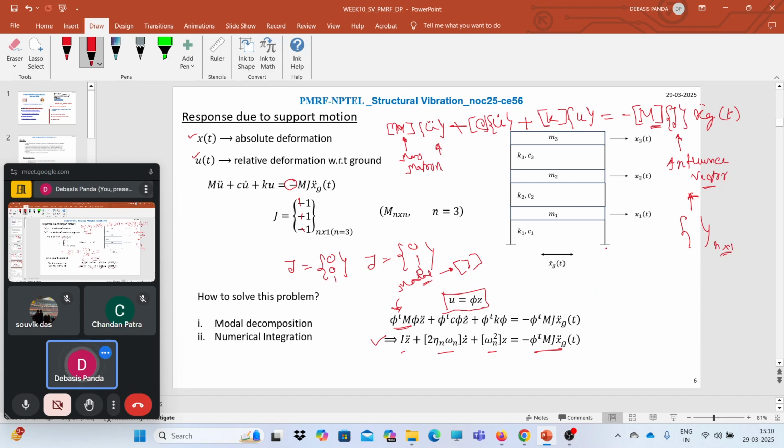Now the question is, once we have formulated the equation of motion for this MDOF system, we can solve it using modal decomposition in the modal coordinates. For that we need to first solve the eigenvalue problem, and then find omega and phi, and using omega and phi we can easily use the transformation. We can convert this equation into modal coordinates and solve it, right?